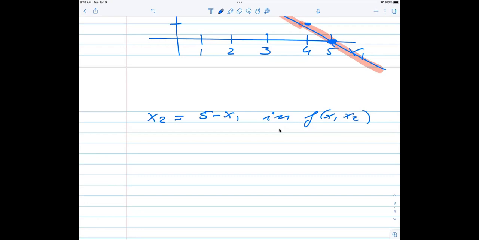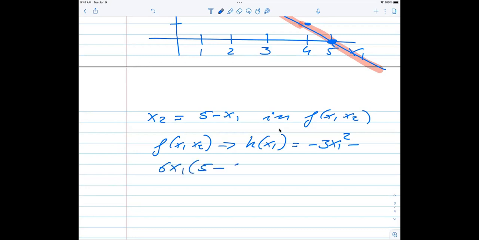What I get then is that f of x1, x2 goes over to a new function, which I'm going to call h of x1. And that's simply minus 3 x1 squared. And then I have minus 6 x1, and now I'm putting in 5 minus x1. And then I have minus 5, and this is the value of x2 squared.